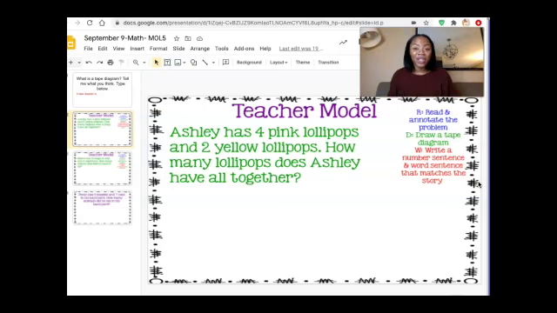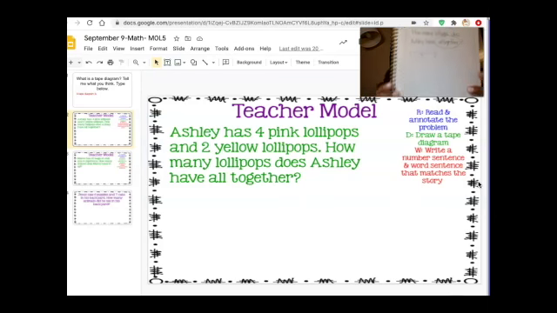Now it's time to draw. We're gonna draw a tape diagram to solve this problem. So the first thing we're going to draw is a rectangle, and we're going to label it 4 because we know that Ashley has 4 lollipops.